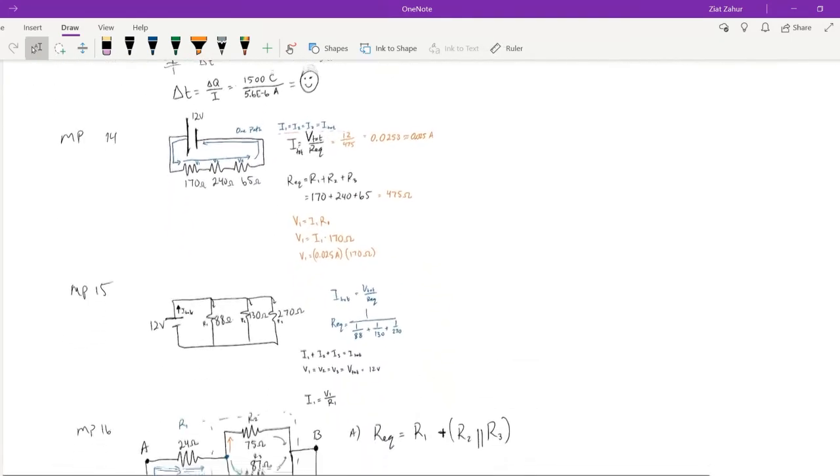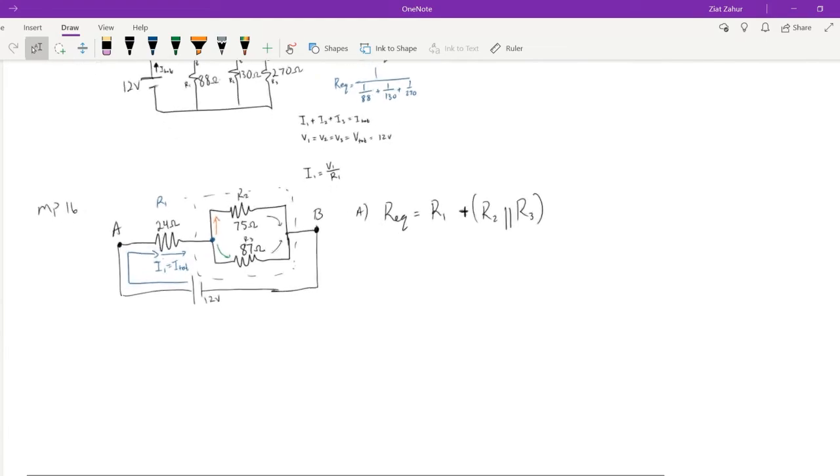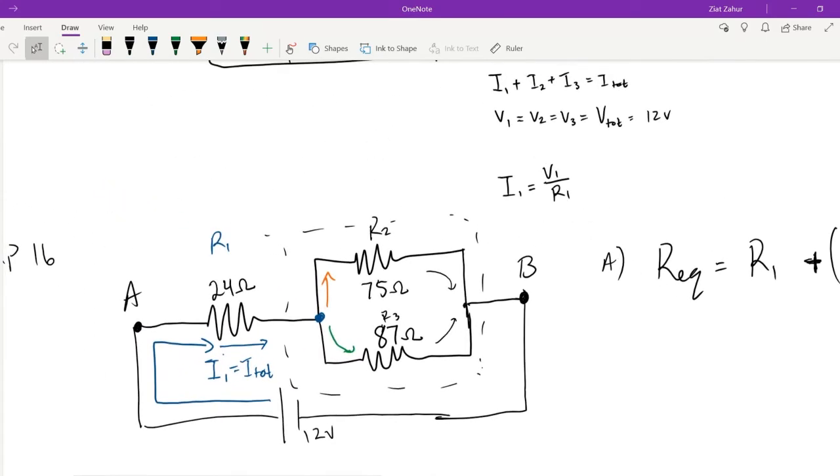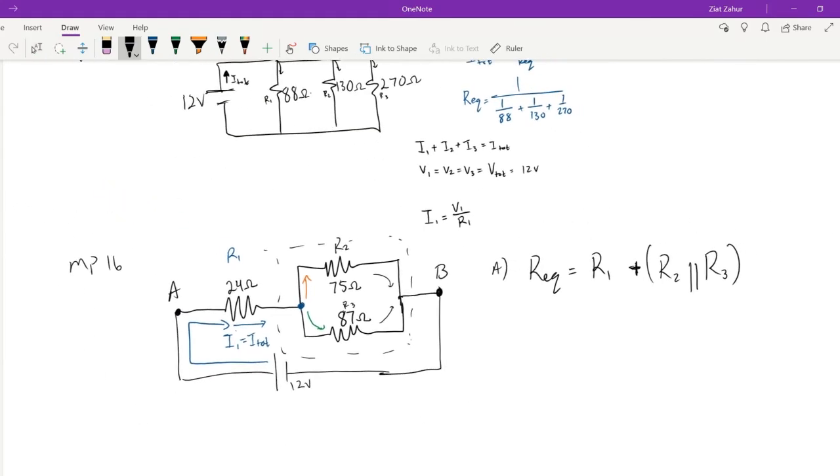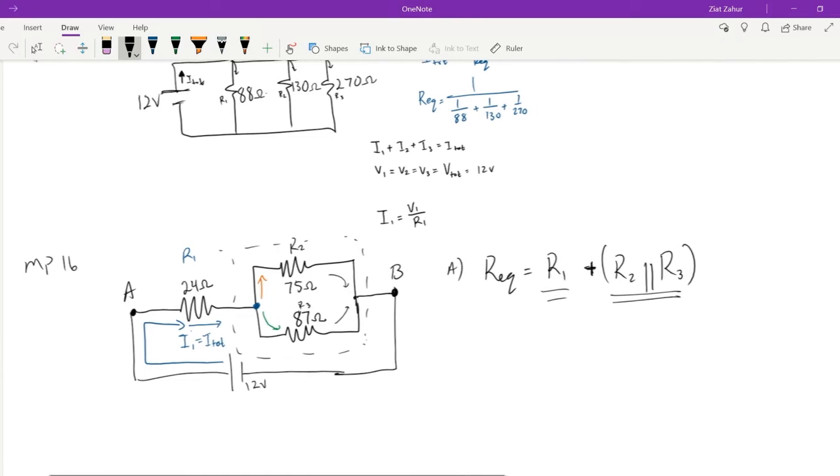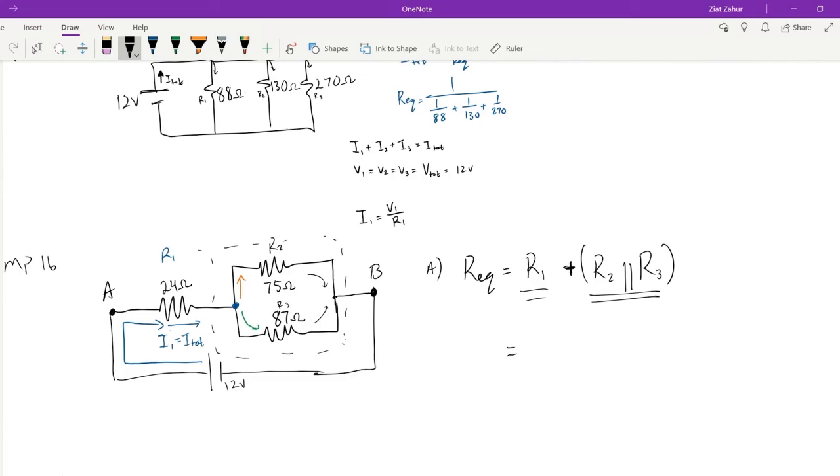So once we find the parallel, we'll add it to the one in the front. That means this is 24 plus the parallel of 2 and 3. For the parallel of 2 and 3, you can use the parallel rule, or product over sum because it's 2: 1 over 75 plus 1 over 87.